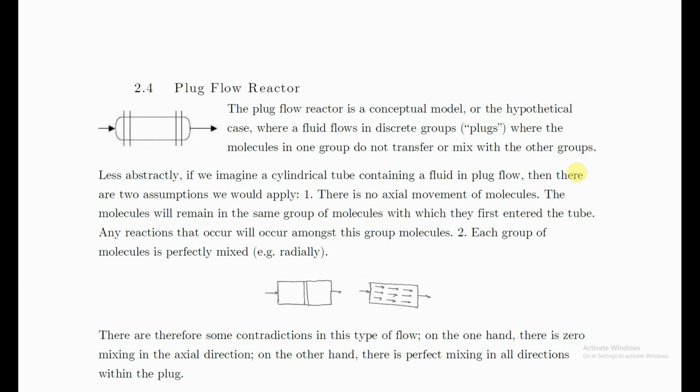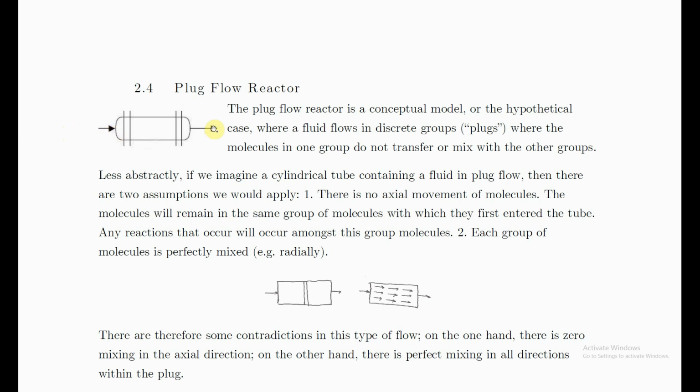So they don't mix or transfer or react in any way with the other group. That's talking almost in terms of groups. It's an abstract way to say it. But if we imagine a cylinder, so let's say the reactor is a cylindrical object, and we are pumping our reacting fluid through this reactor.